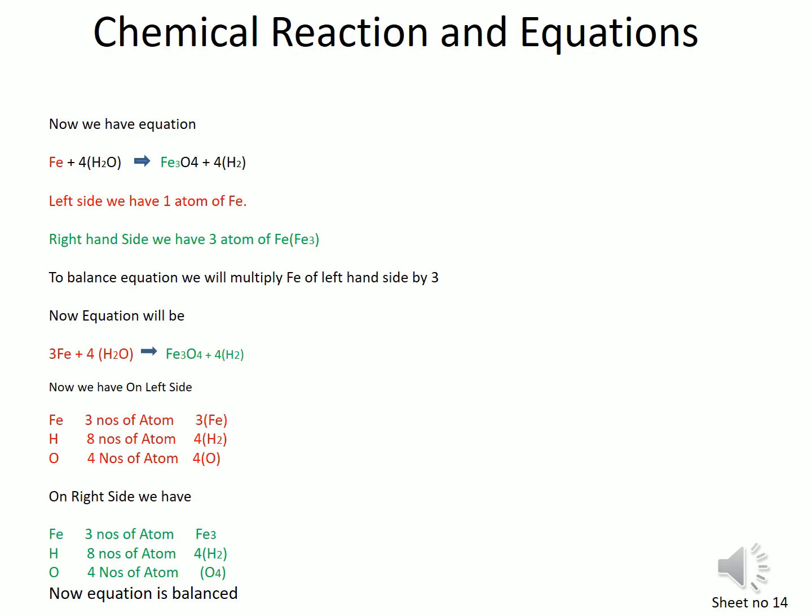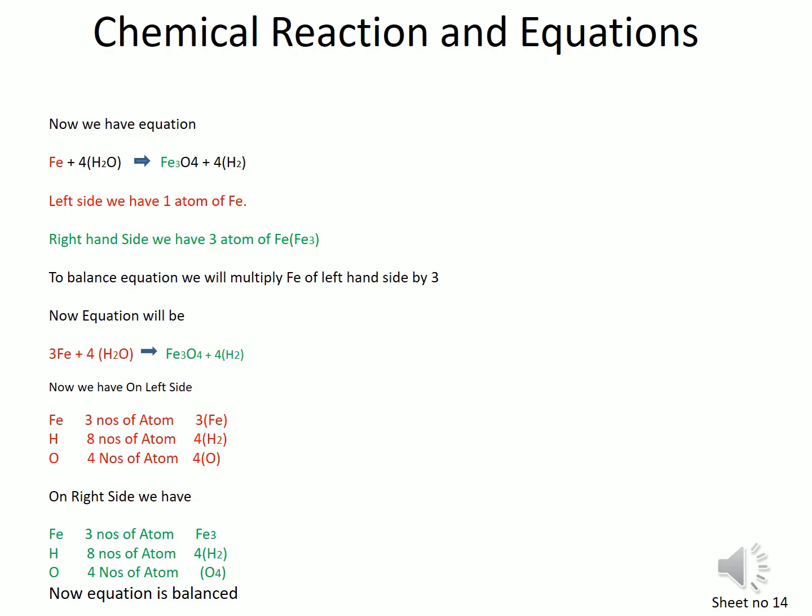So naturally, to balance this equation, we have to multiply the left hand side by 3 so that the equation will get balanced. So if we multiply by 3, the equation will be 3Fe plus 4H2O is equal to Fe3O4 plus 4H2.